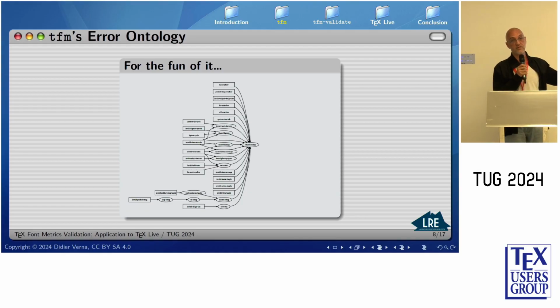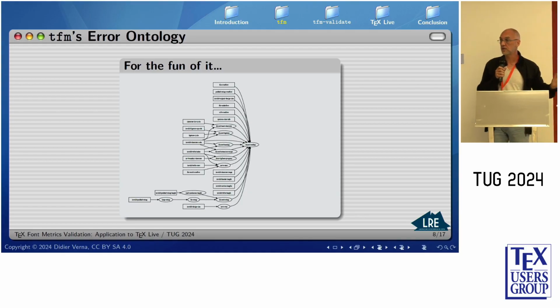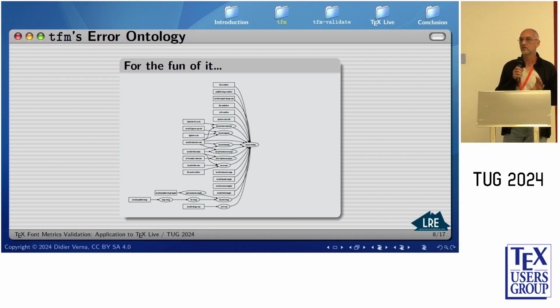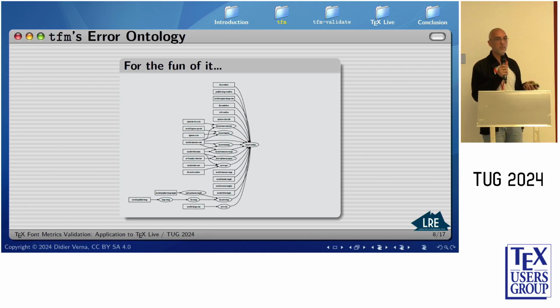But the whole point of this figure is just to convey the feeling that when you write a parser, even for a relatively simple format, being exhaustive in terms of catching errors can quickly become quite intricate. Okay, so developing a complete and exhaustive error ontology is not easy, and it becomes complex quite rapidly.